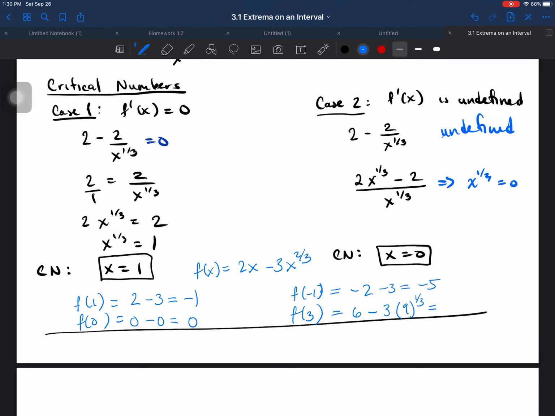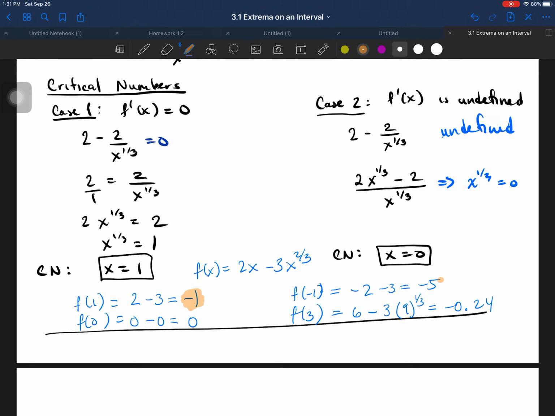So that would be 6 minus 3 times 9 to the 1/3. Okay, I got negative 0.24.